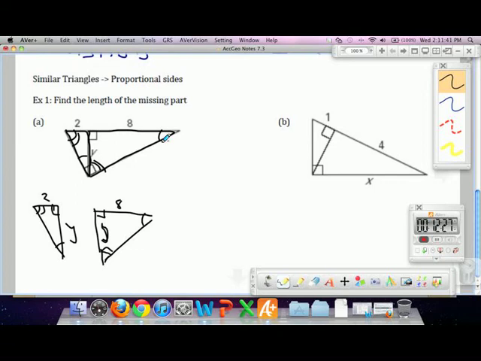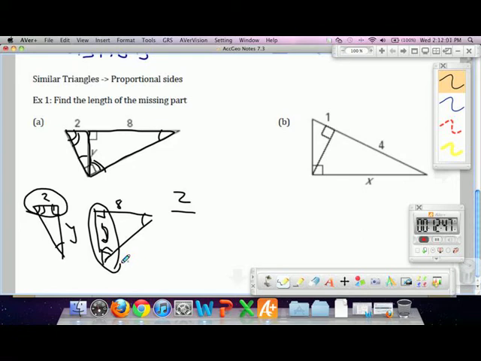How about the side that's between the 2 hash and the right angle? 2 and whatever that number is. This side should correspond to this side. It's the side between the right angle and the double hash.